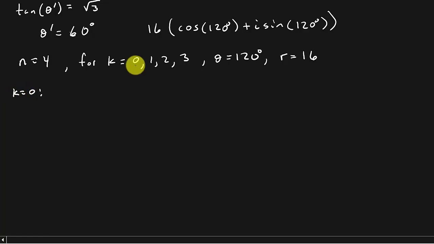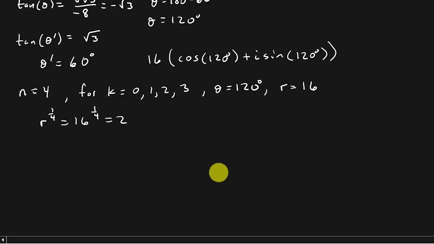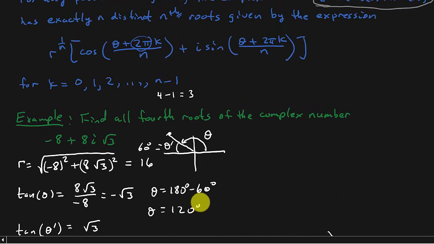We have to do it for k equals 0, k equals 1, k equals 2, and k equals 3. Now let's hang on a minute. We've got the fourth root of r, which is 16 to the 1/4, which equals 2. Now, why did I do that? Well, that's going to be the number in front every time.